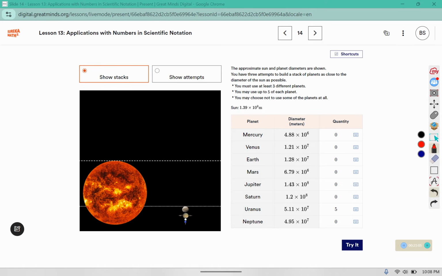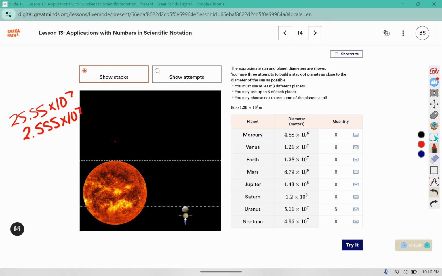So if I use 5 of those, then I'm going to multiply 5.11 times 5. But that can be rewritten as 2.555 times 10 to the 7th. I'm also going to include several Saturns.